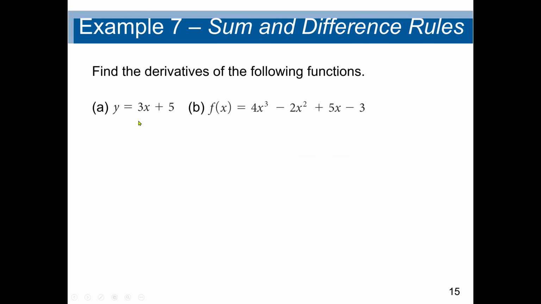So I'll get 3 times 1x to the power 1 minus 1. And x to the 1 minus 1 is x to the 0. We know that any variable or any value raised to the power 0 is 1. So I'll get 3 times 1 times 1, so that will give me 3.